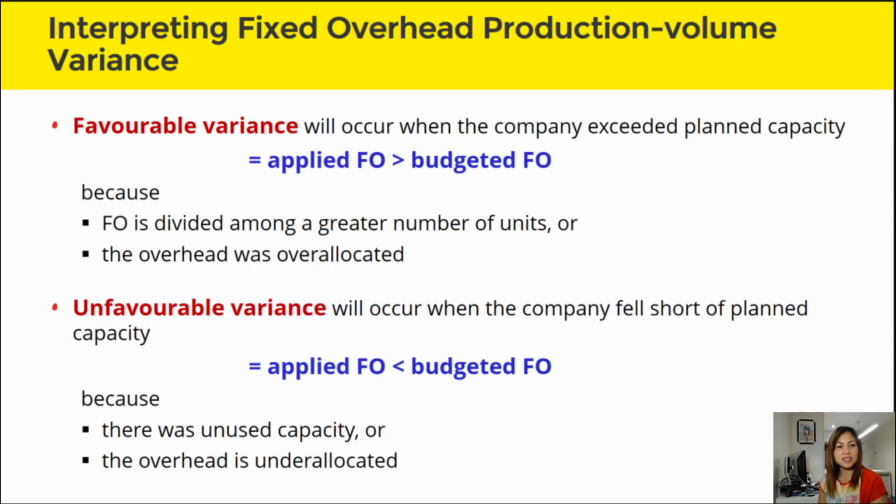On the other hand, this production volume variance will be unfavorable if the applied fixed overhead cost is less than budgeted fixed overhead cost. Why? Because there was some unused capacity, or the overhead is underallocated.